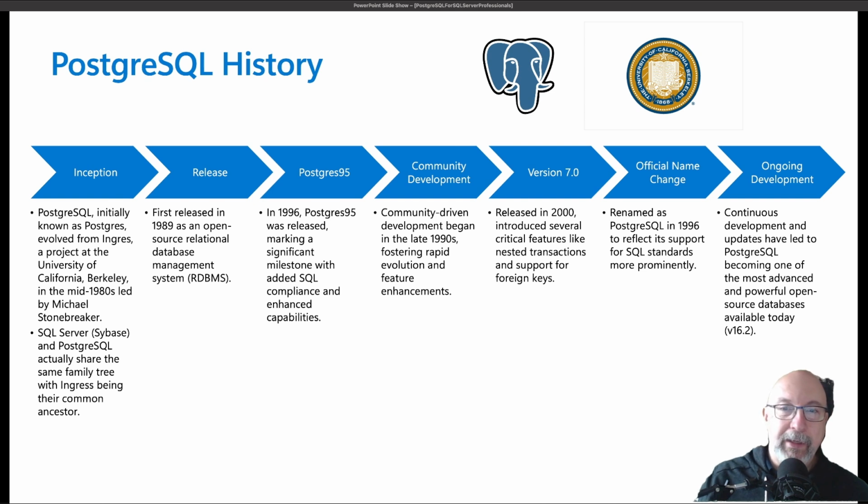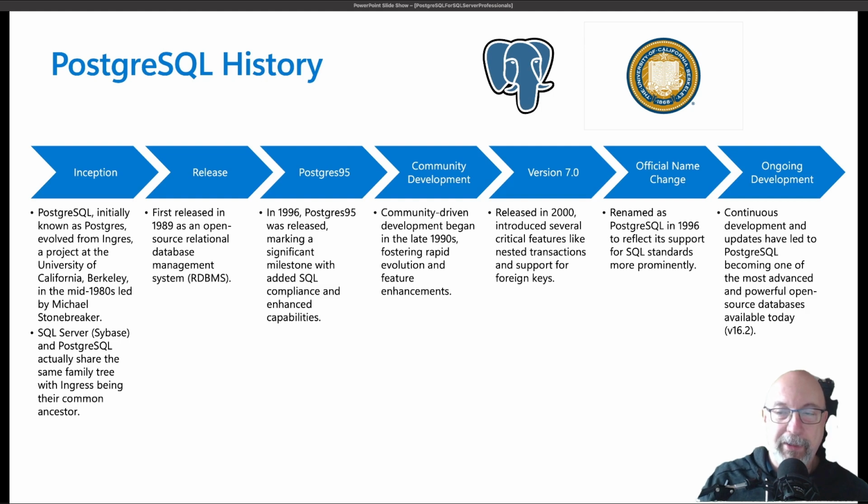And the community development evolved over the years, and version 7.0 was released in 2000. It was starting to introduce things like, for example, foreign keys and nested transactions. And over the years, the community has updated and created several versions.